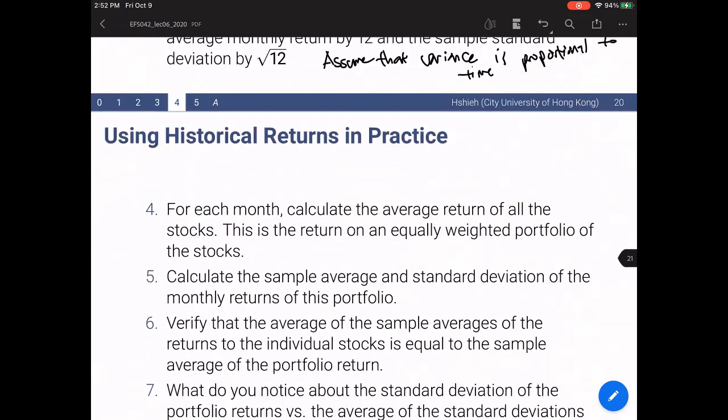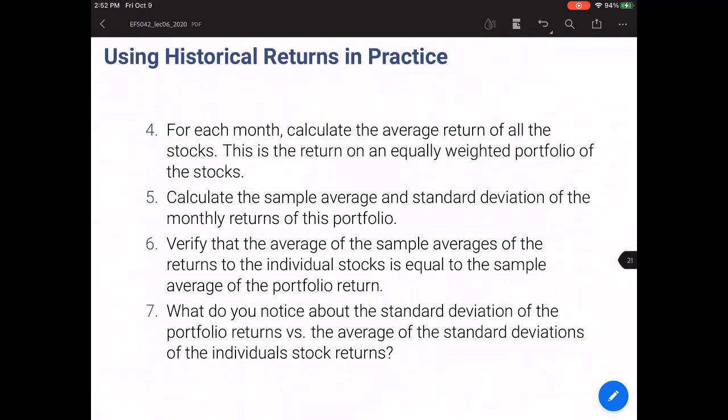Number 4, calculate the average return of the stocks. This is the return of an equally weighted portfolio. What this means is, suppose that we want to hold equal amounts of each stock in the Excel sheet, and then just calculate the average return, assuming that we are equally invested in all these stocks.